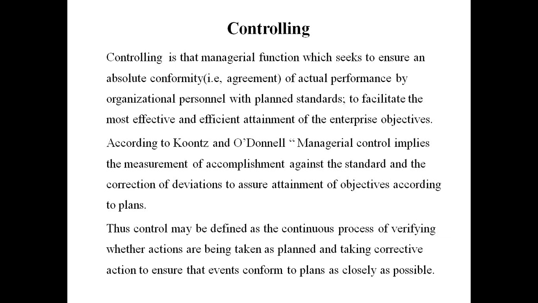Thus, control may be defined as the continuous process of verifying whether actions are being taken as planned and taking corrective action to ensure that events conform to plans as closely as possible.